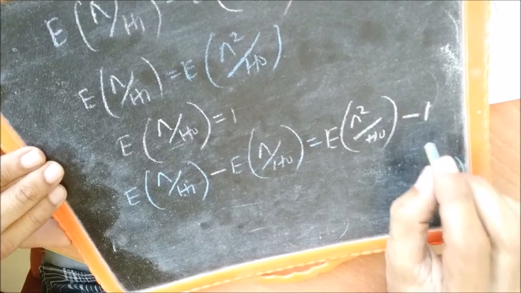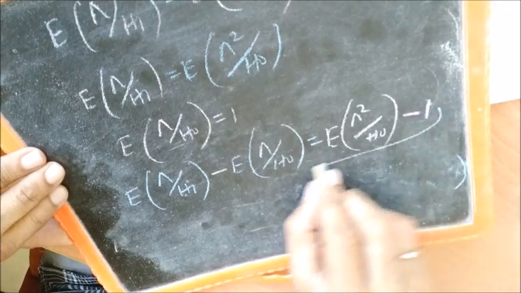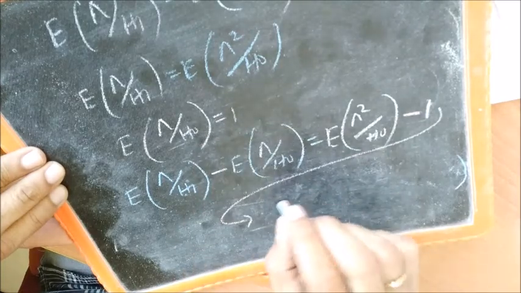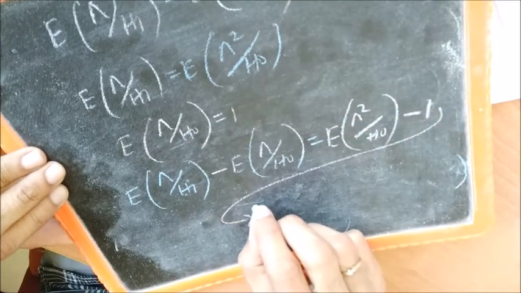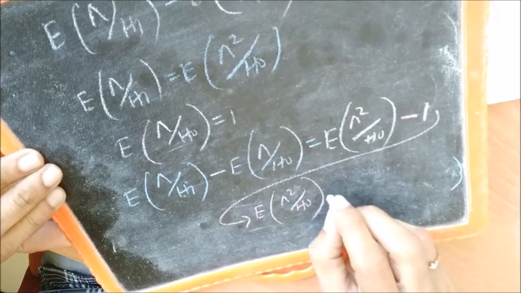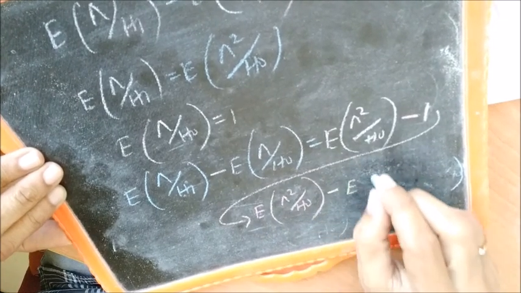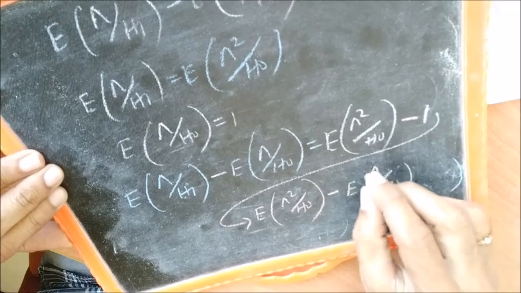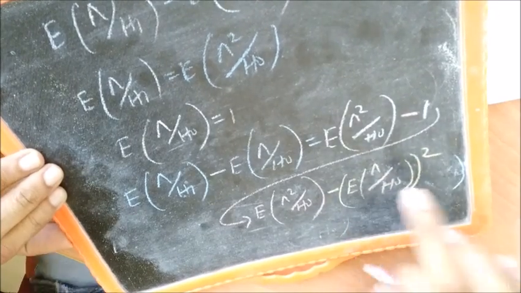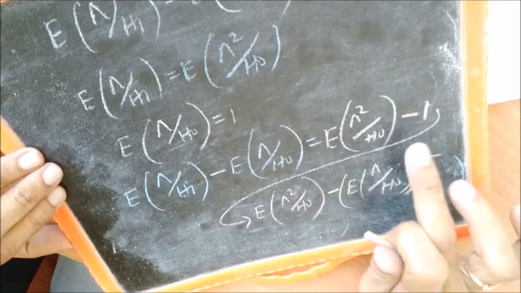And since it is equal to 1, I can write this as expected value of lambda squared given h0 minus expected value of lambda given h0 whole squared, because this is anyhow 1. So if I square it, the relation doesn't change.